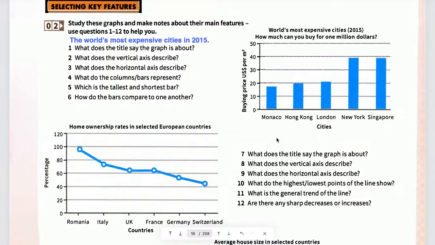The amount of money you need to pay to get 1 square meter. Where? For what? You pay and you want to buy something, right? What is that?